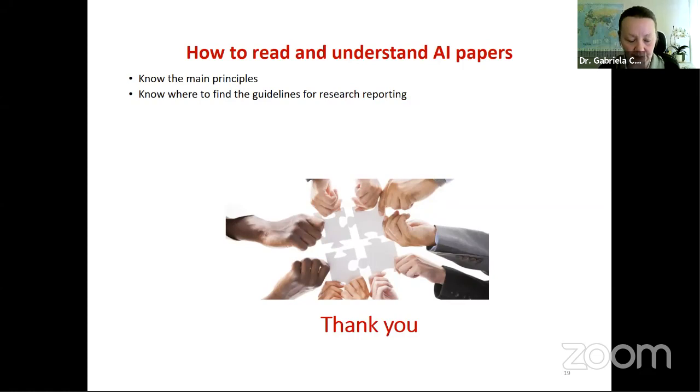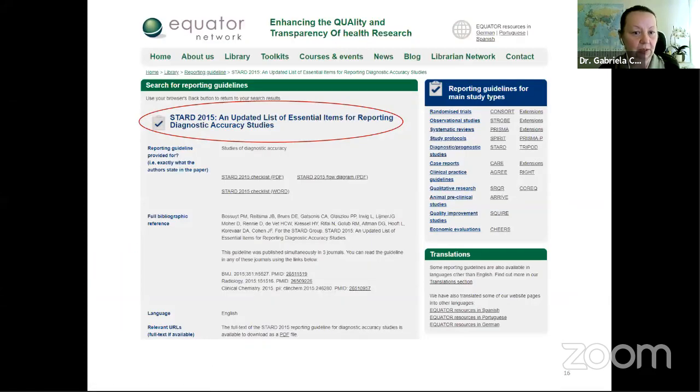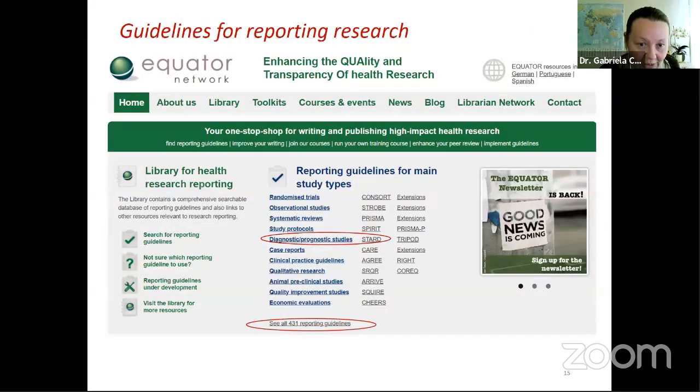When it comes to papers that contain artificial intelligence in it, well, I checked this morning this EQUATOR Network, and I also checked these 431 papers in the list, and I didn't see an AI paper in there yet, but I have a feeling I have read and seen there are papers being published where people are suggesting how the reporting should be done in AI studies.